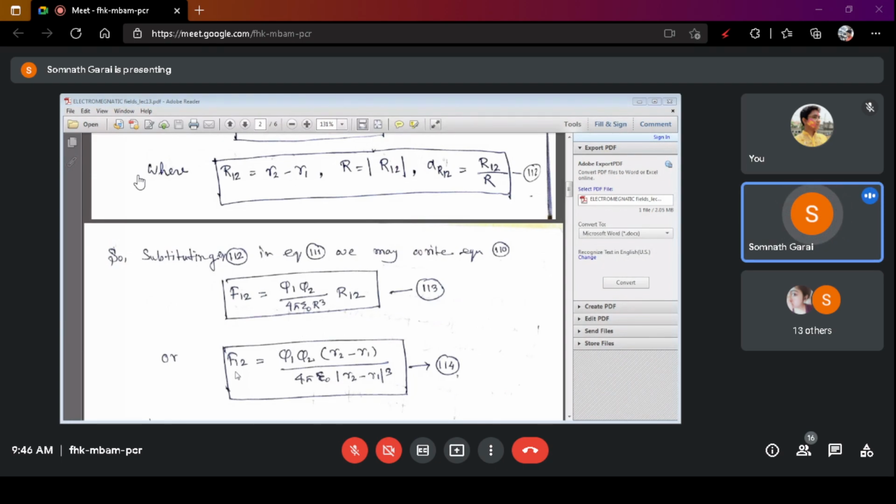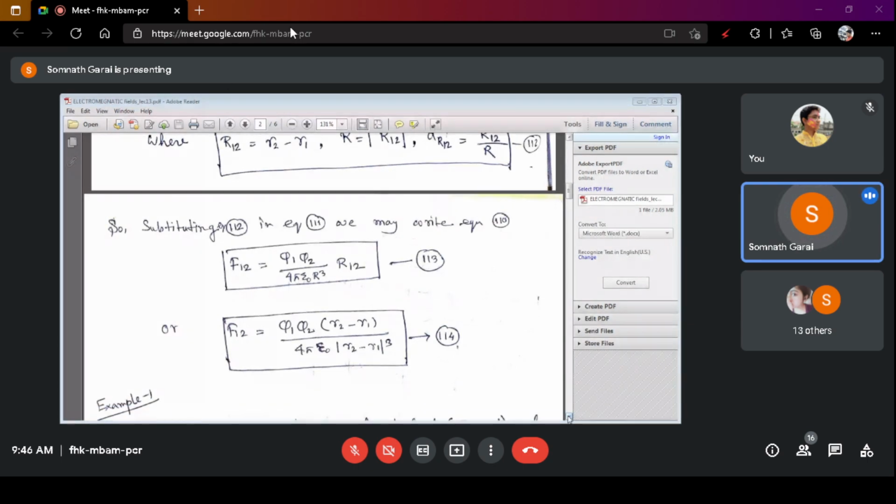So F12 is equal to Q1 Q2 into R2 minus R1 divided by the mod of R2 minus R1 cubed. This equation, 114, is the vector representation equation of the Coulomb force between Q1 and Q2.